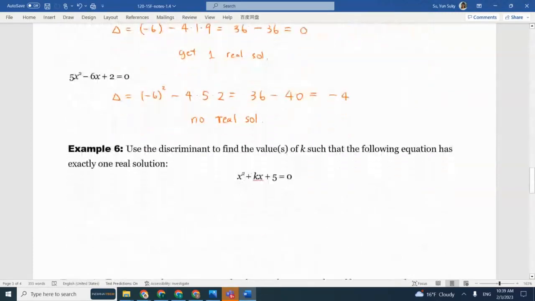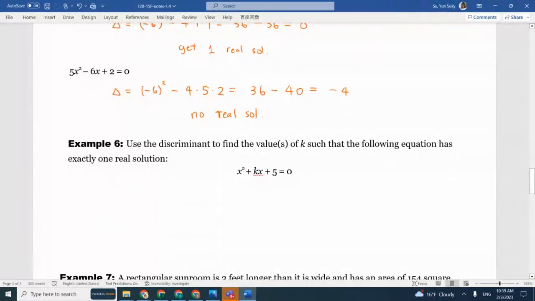Okay. Example 6. Use the discriminant to find the values of k such that the following equation has exactly one real solution. So now we have a parameter k, right? But we just imagine k is like a number. We want to find what that number is, so we have exactly one solution. So what is a here? A is 1, right?